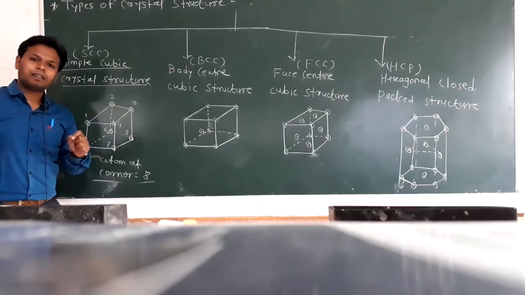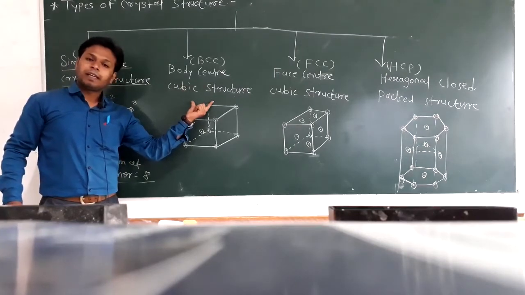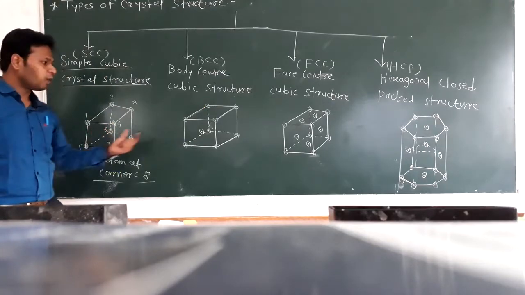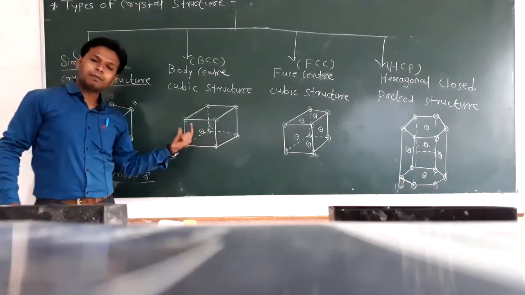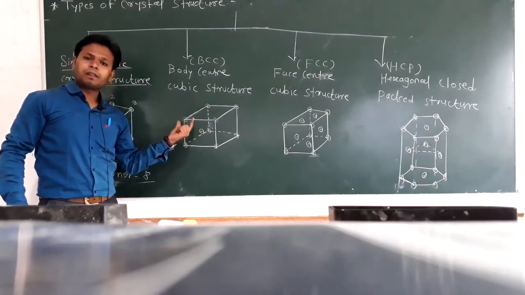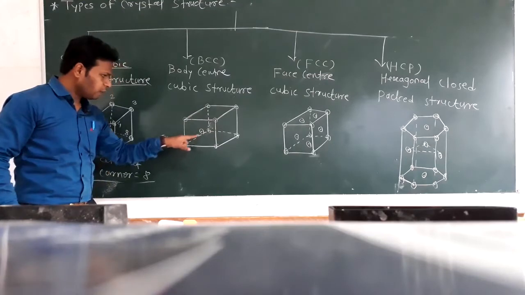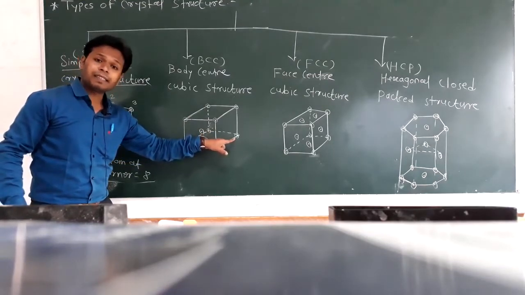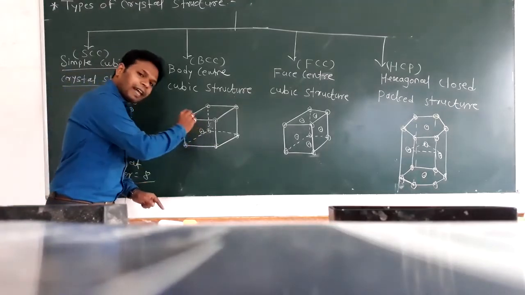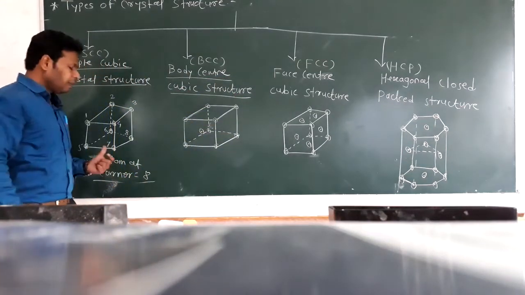Now the second type of crystal lattice is the body center cubic structure. We take a similar example to the one we learned in the simple cubic structure, which is one cube. But what is the basic difference between the simple cubic structure and the body center cubic structure? There are 8 atoms, 1, 2, 3, 4, 5, 6, 7 and 8, placed at the corners, and only one atom placed at the center of the body, and that is known as body center cubic structure. What is the basic difference?